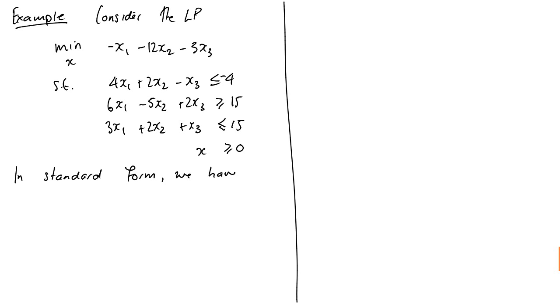The constraints are Ax equals b, x greater than or equal to 0, where x is now in R6. We're going to add in 3 slack variables.